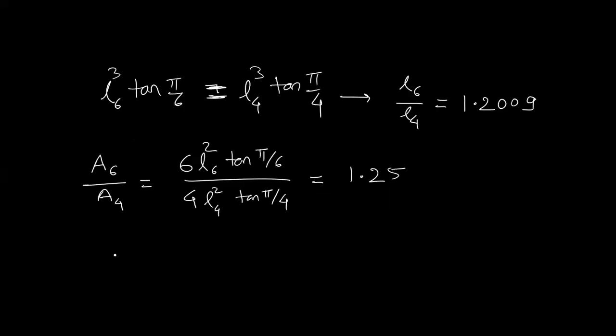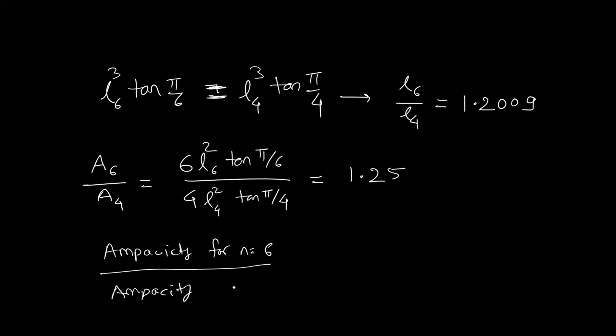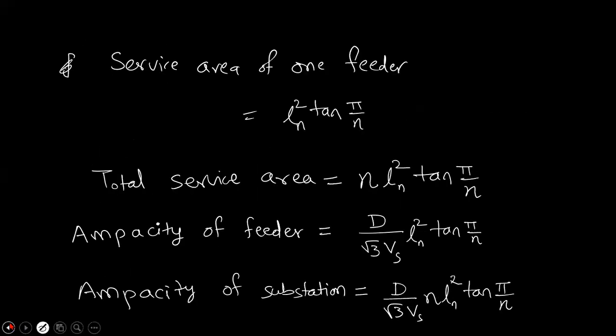So for the comparison of ampacity, let me write the ampacity for 6 feeders divided by the ampacity for 4 feeders. That ratio, that comparison, we can also obtain.